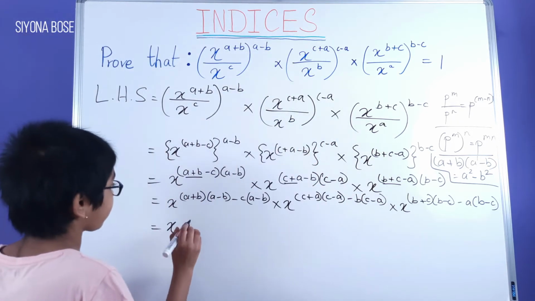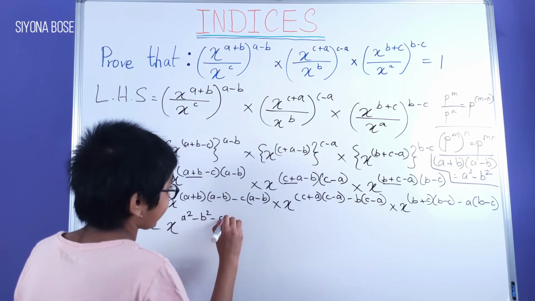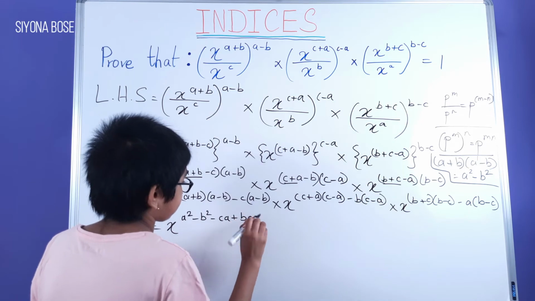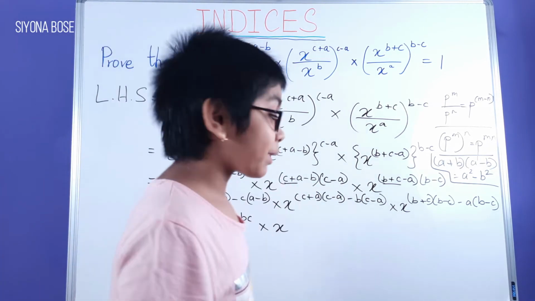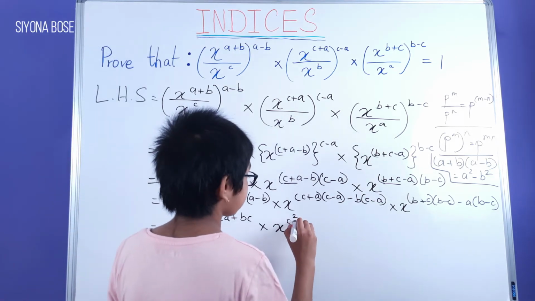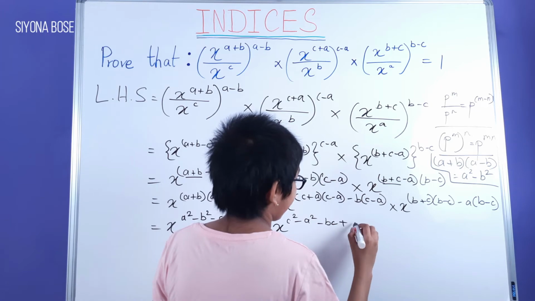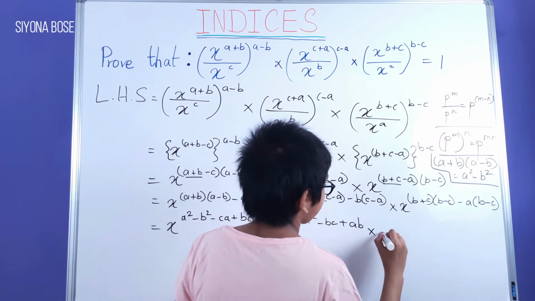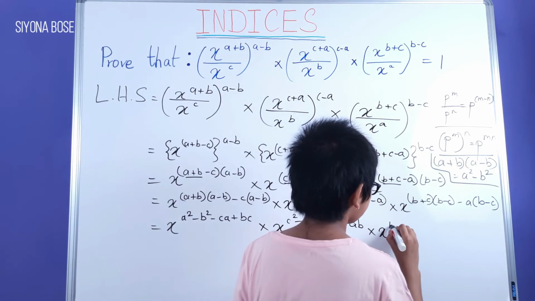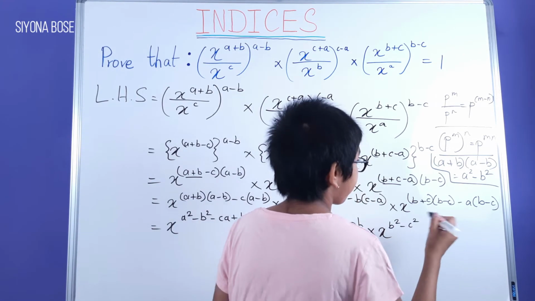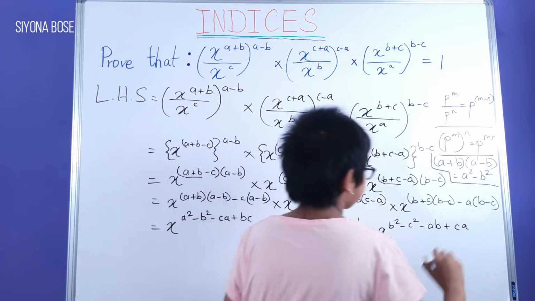Here we have x^(a² - b² - ca + bc) into x^(c² - a² - bc + ab) into x^(b² - c² - ab + ca).